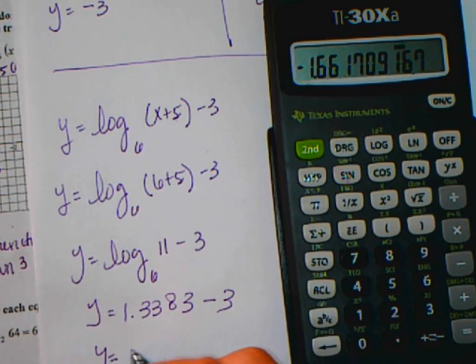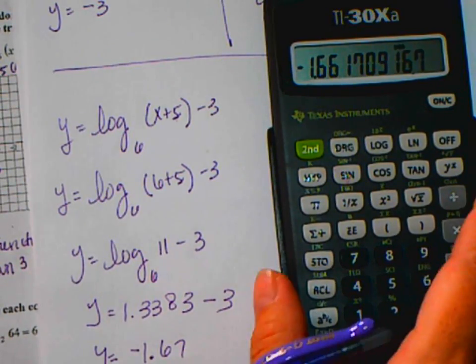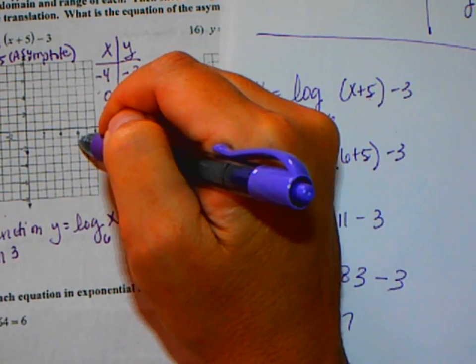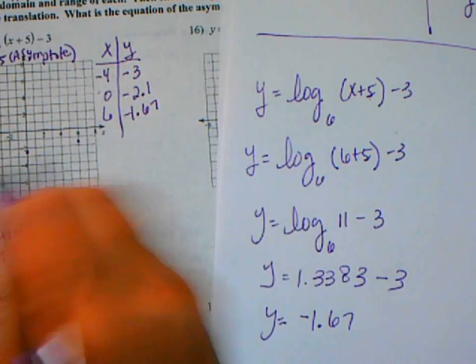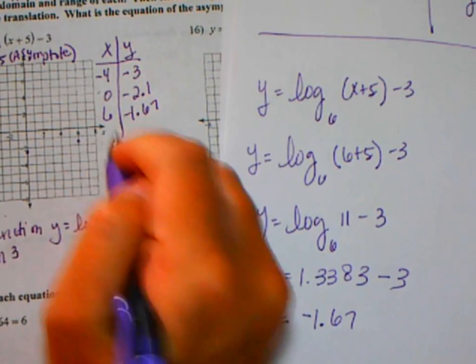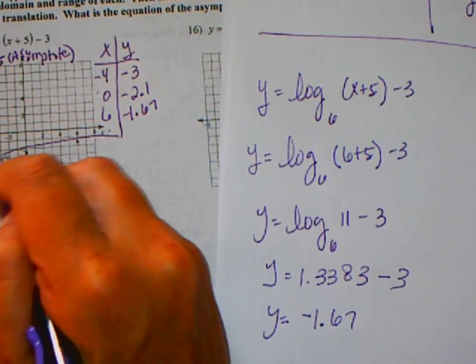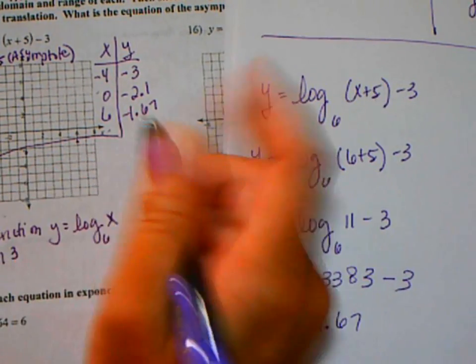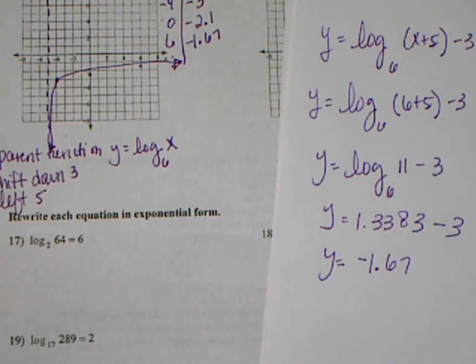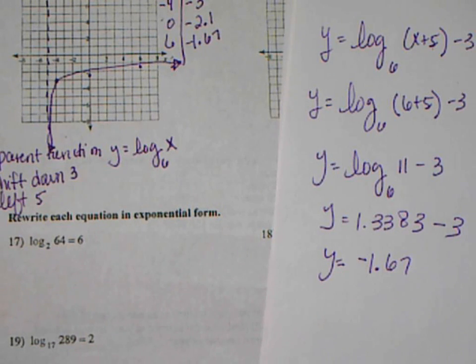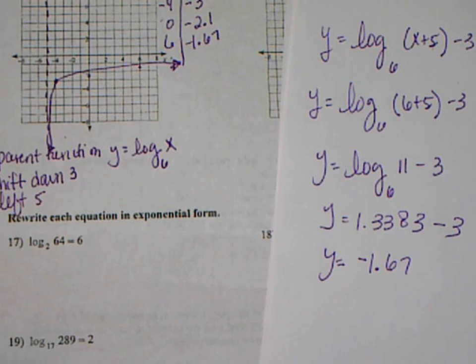And I get negative 1.67 approximately. So I know this kind of looks like a straight line the way it's going, right? But I know what the graph of a logarithm looks like. So I know it's not a straight line. If you're not sure, pick more values for x, plug them in.